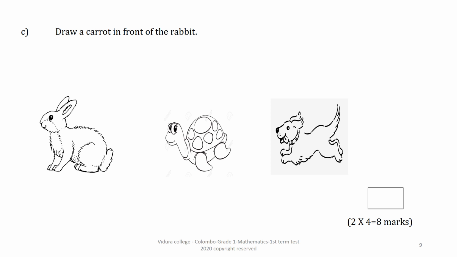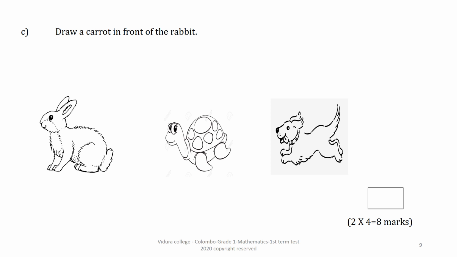Can you see there are some animals in a line? Yes. There's a rabbit. So what you have to do is, you have to draw a carrot in front of the rabbit. Okay? Shall we start?